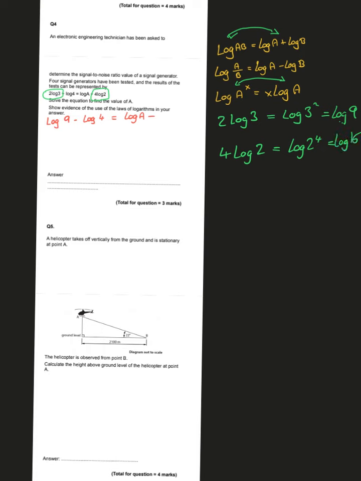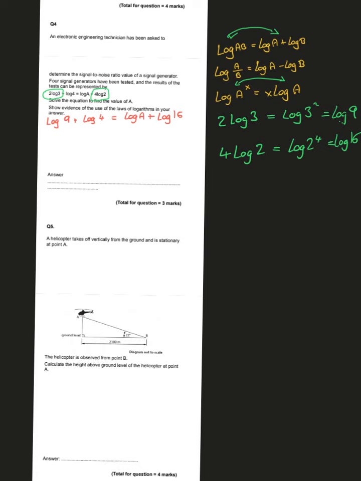I'm going to scribble this over here. So log A plus log of 16. And these should have been pluses. So plus and plus.